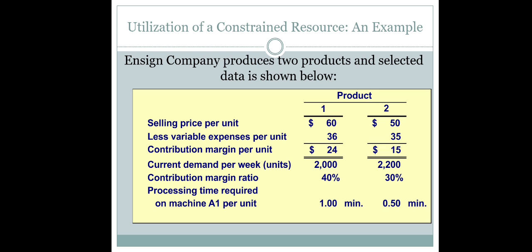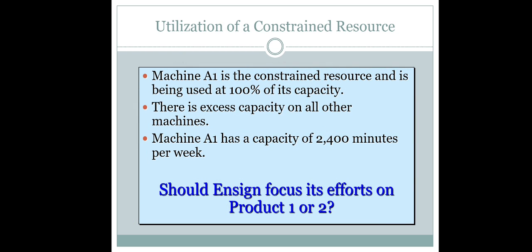So product 1 requires 1 machine minute, and product 2 requires only 0.5 minute. So you are given this data. How do you make the decision about whether the business should focus on product 1 or 2?